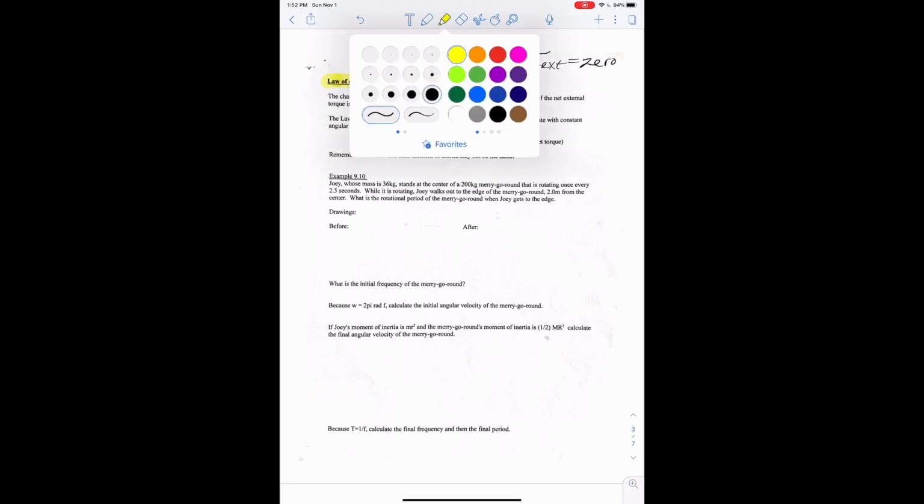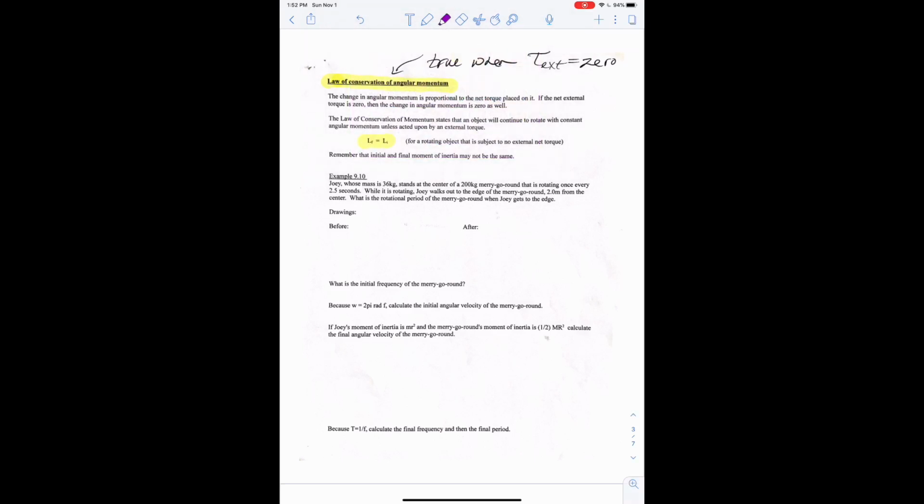Something that's interesting and maybe worth pointing out here is that the initial and final moment of inertia may not be the same. We never saw this with Pi equals Pf, meaning the masses were always identical, right? That an object wouldn't gain or lose mass. But a moment of inertia can change.